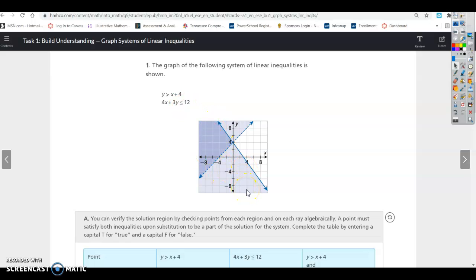All right, so the system of inequalities is everything above this dotted line and everything below and including this solid line. So your solutions will be everything in this area here. Okay? So remember that as we talk through these steps.